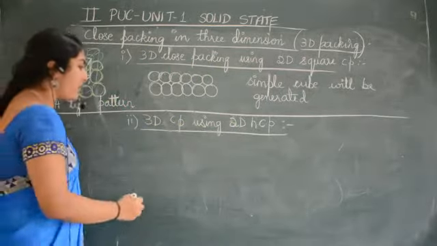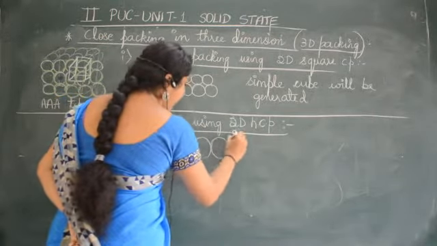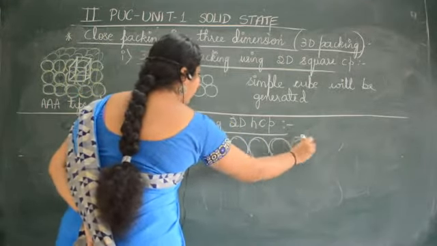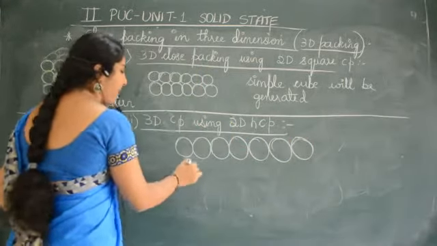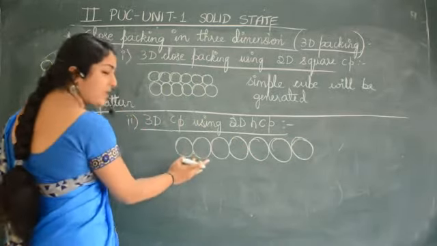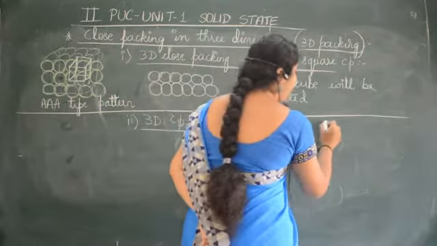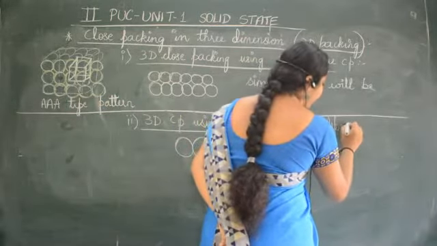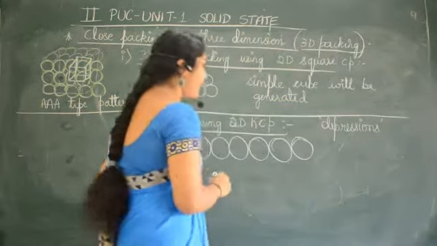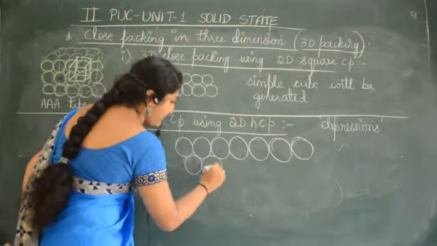We saw that atoms are arranged this way in one layer, which is of A type, and in the depressions of it, the second layer is different, because in the depressions, the space between the two spheres, the other spheres are placed.